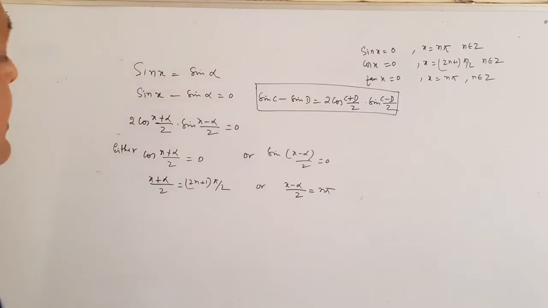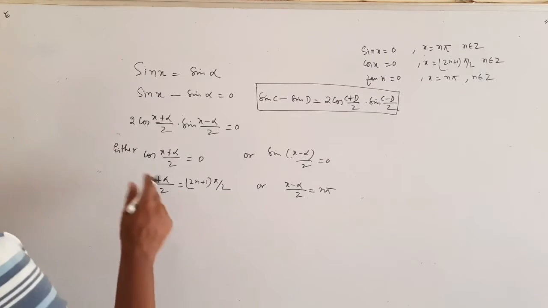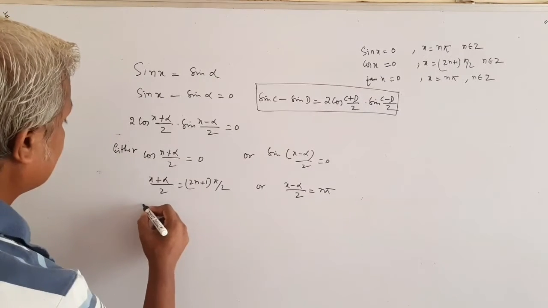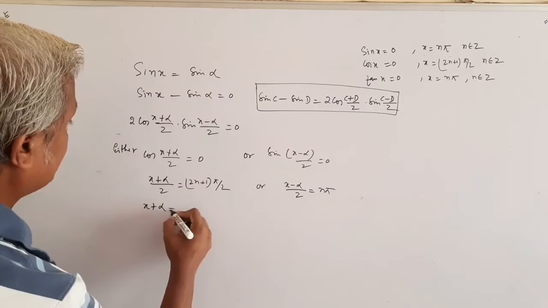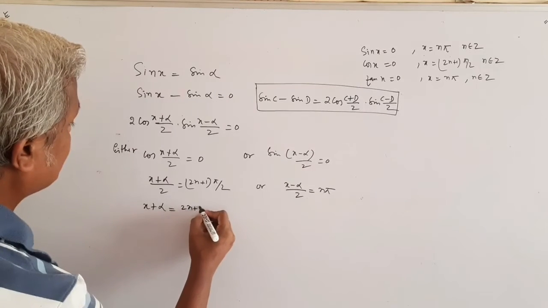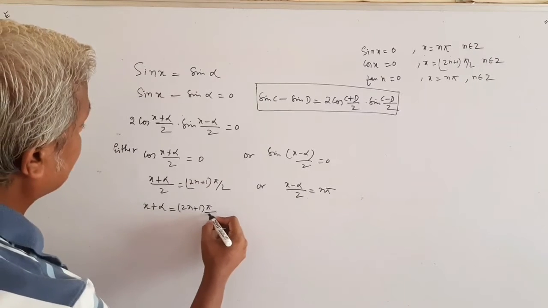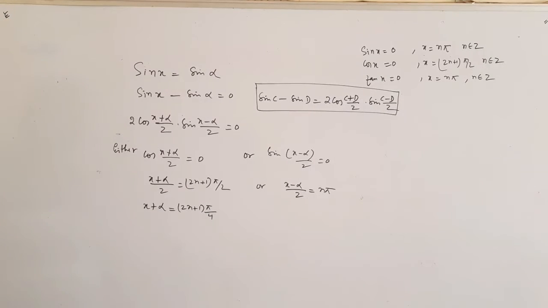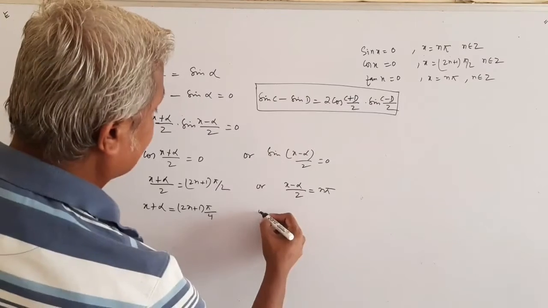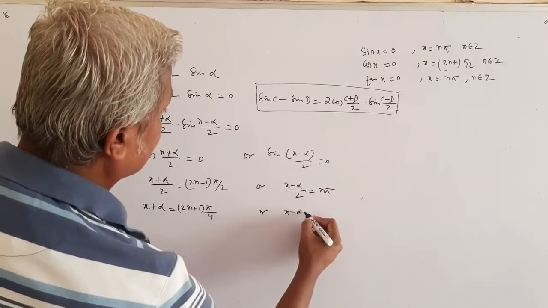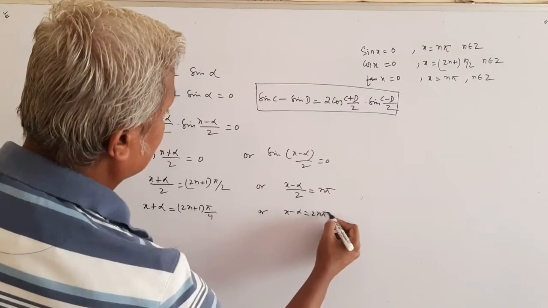Since we are interested in x, we say that x plus alpha is (2n plus 1) pi by 4, and here we'll get x minus alpha is 2n pi.